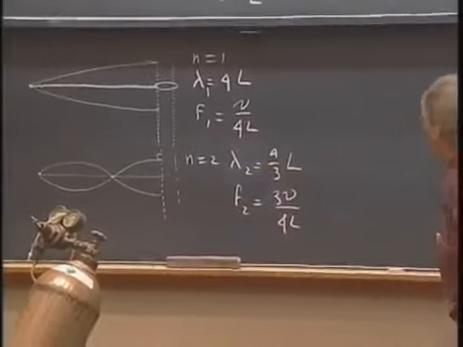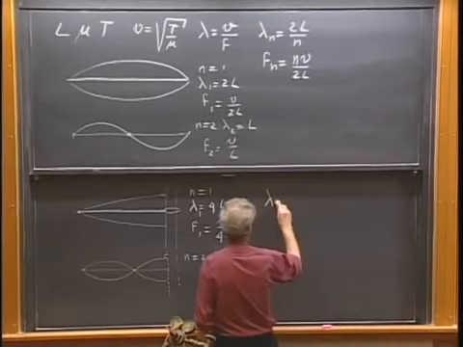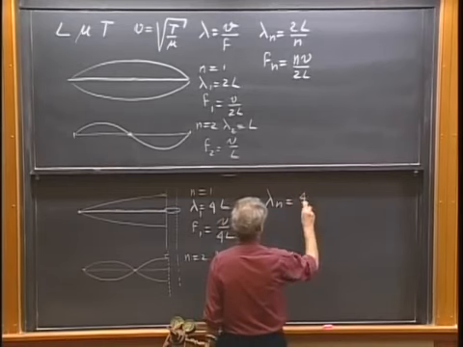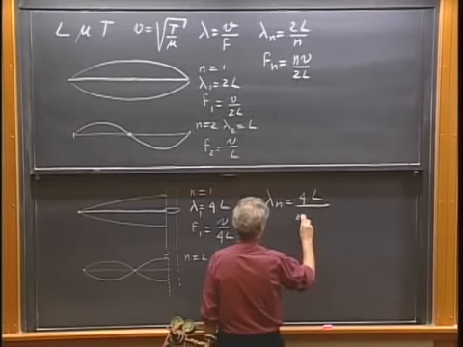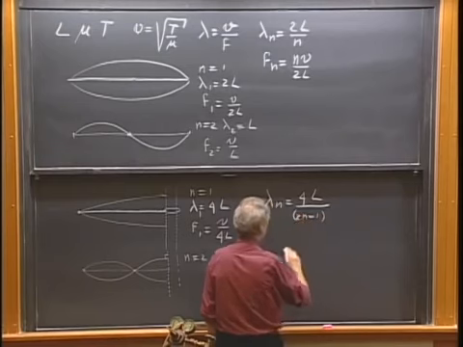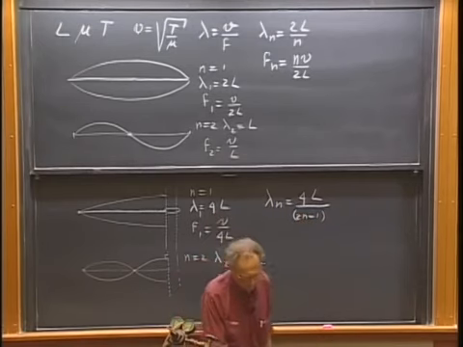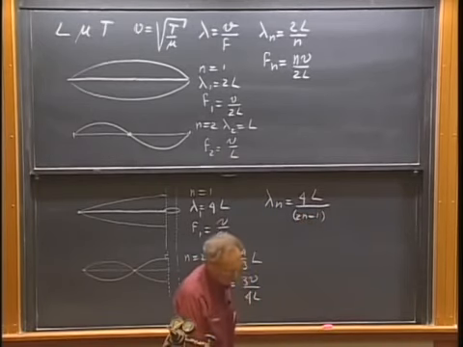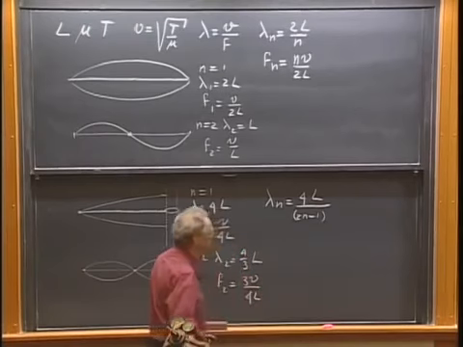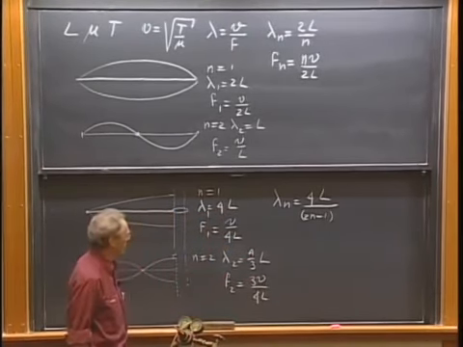So we'll find that lambda n is 4L divided by 2n minus 1. And that changes the picture quite dramatically.